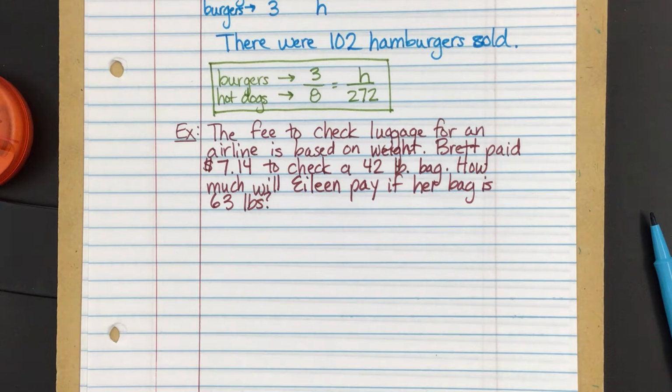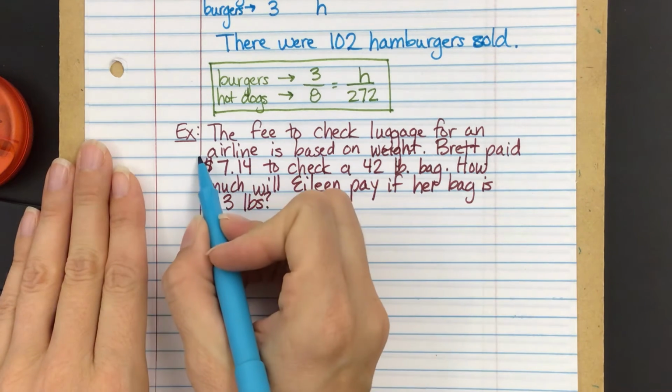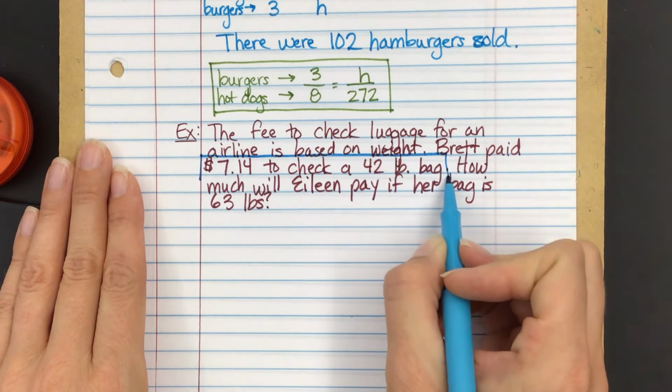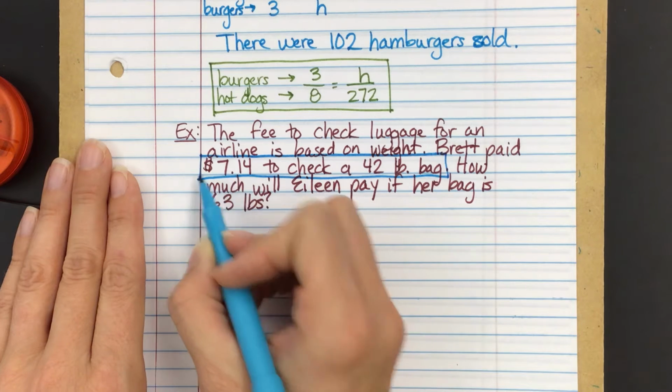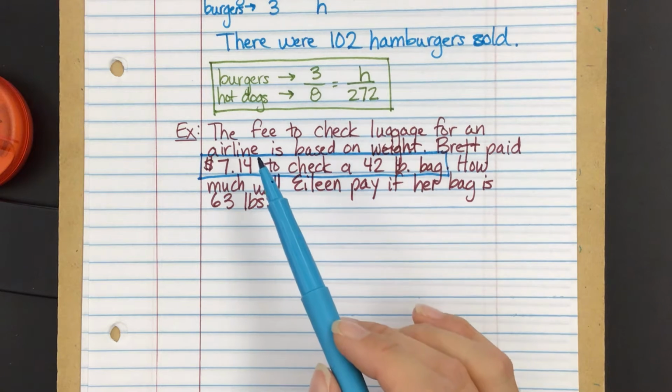So this time you're not explicitly given the ratio, you kind of have to pull it out of the problem. So let's look back at the problem. Our first ratio is right here. It's $7.14 for a 42-pound bag. And then we want to figure out how much it would be for a 63-pound bag. So let's go ahead and set up that first ratio.